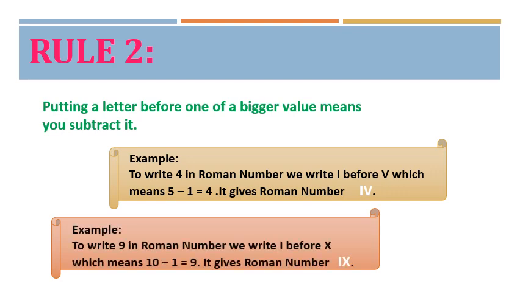Let's see one more example. To write 9 in Roman numbers, we will write I before X. As we know, X stands for 10 and I stands for 1. So it means 10 minus 1 is equal to 9. So we get the Roman number IX, which means 9.